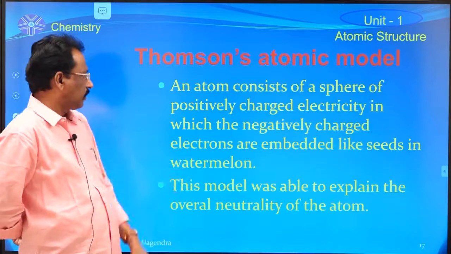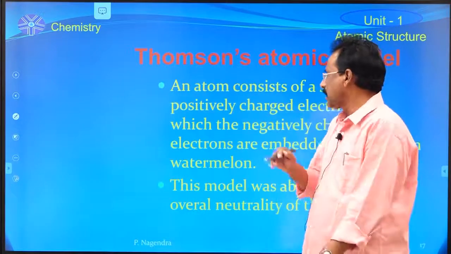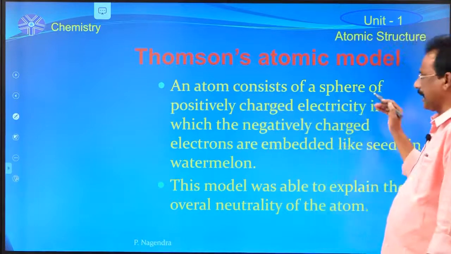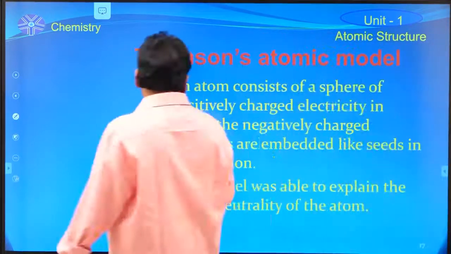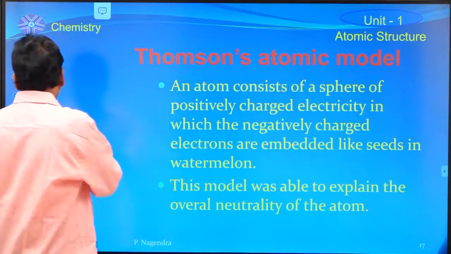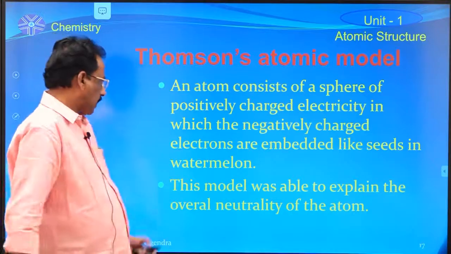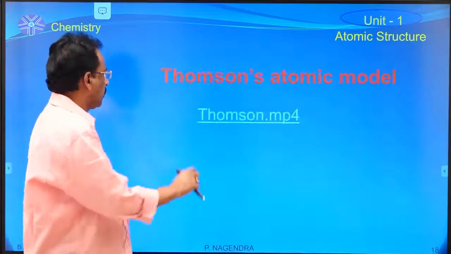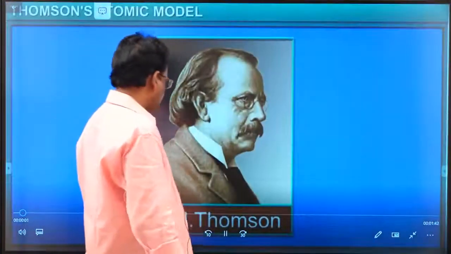That means according to this model, the atom consists of a sphere of positively charged electricity in which the negatively charged electrons are embedded like seeds in watermelon. Now this is the video for the Thomson's atomic model.